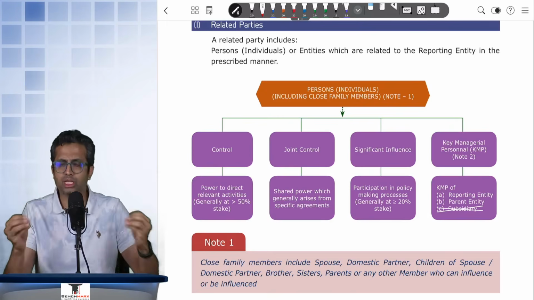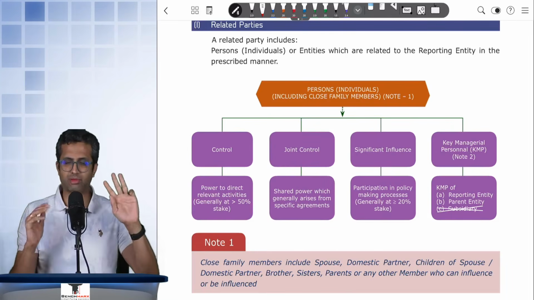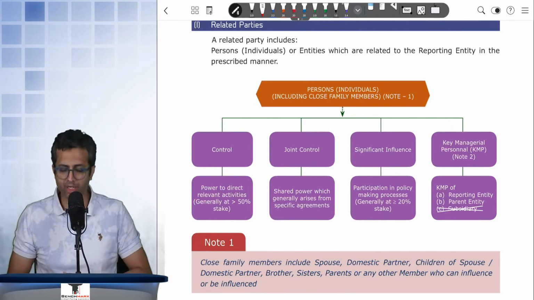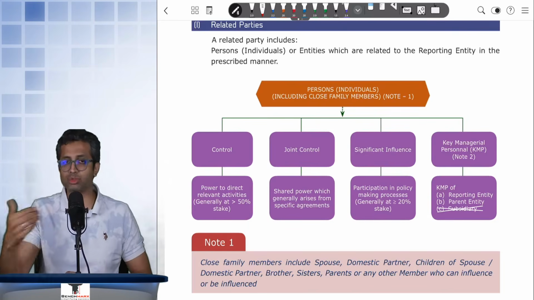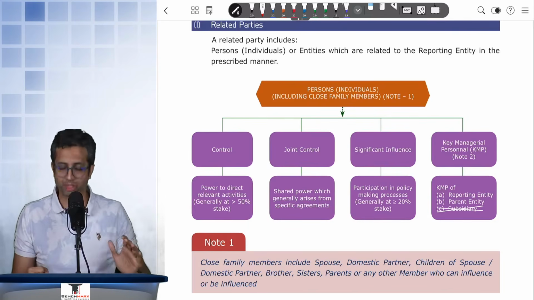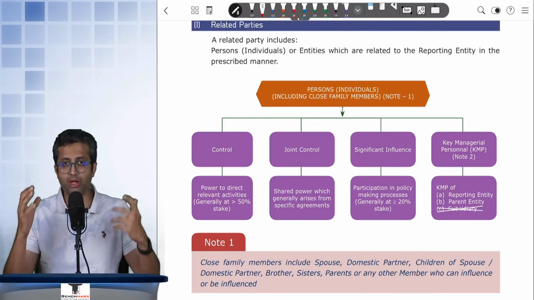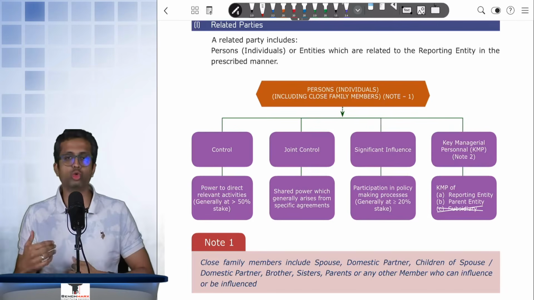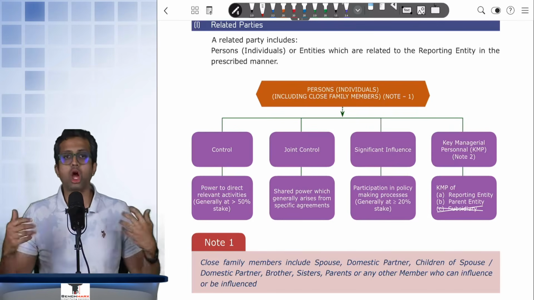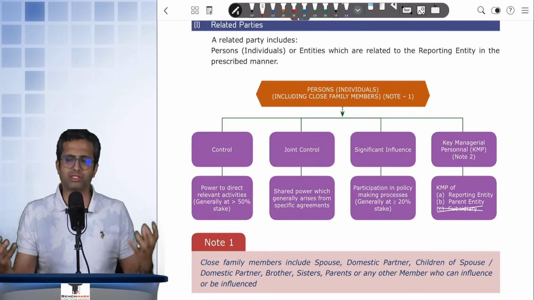Now, when you look at these three parties, you only look at the ownership relationship. However, in a company, it is very much possible that there are certain key managerial personnel, certain important personnel in the company who have the right to control, direct, or even plan the affairs of the entity.